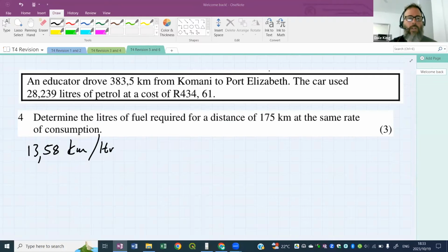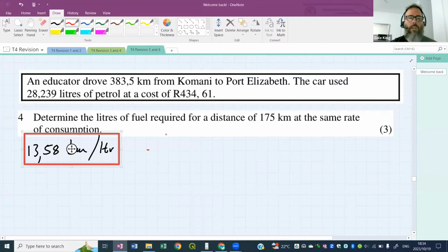Answers are coming through already. Determine the liters of fuel required for a distance of 175 kilometers. You could try and work it out from the contextual information, but we do have this answer that we calculated previously. We can also use that.